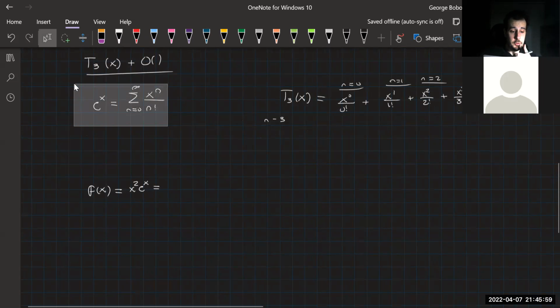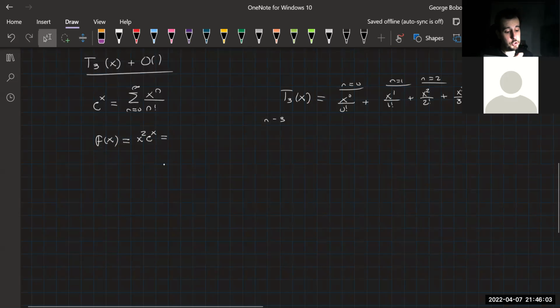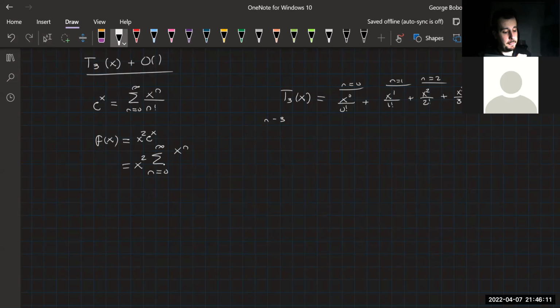If this is the Maclaurin series of e to the x, then if I want this function, I can just distribute the x squared into that Maclaurin series. Oh yeah, that's what I meant by expanding. So that here is going to give you now x to the n plus 2 over n factorial.